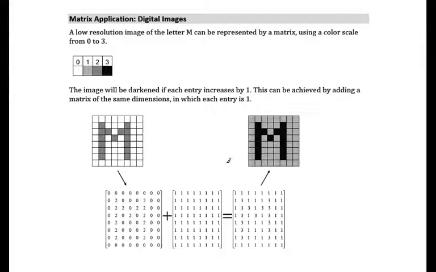It still holds. It's just much, much larger matrices and a much larger range of numbers used for each entry. So in this case, we use this scale here to tell us how to code the 4 different shades as numbers.